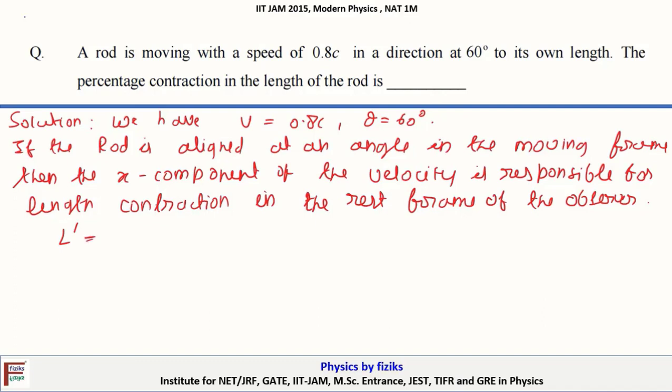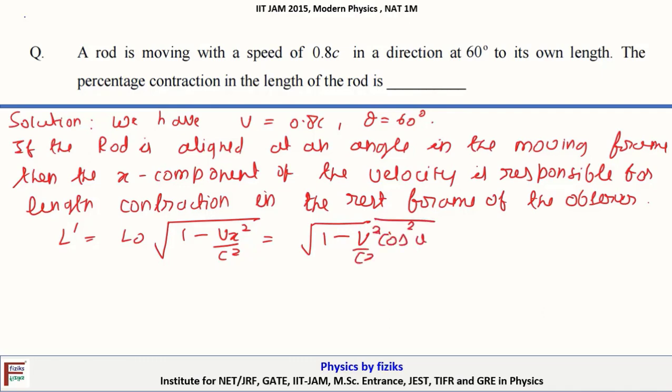That is, L dash equals L0 root of 1 minus Vx square by c square, equals L0 root of 1 minus V square by c square cos square theta, which equals L0 root of 1 minus (0.8 by 2) square, which equals 0.91 into L0.